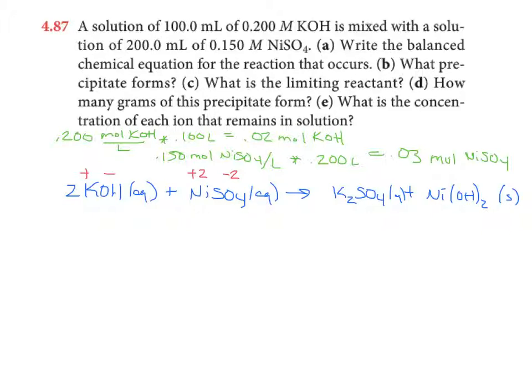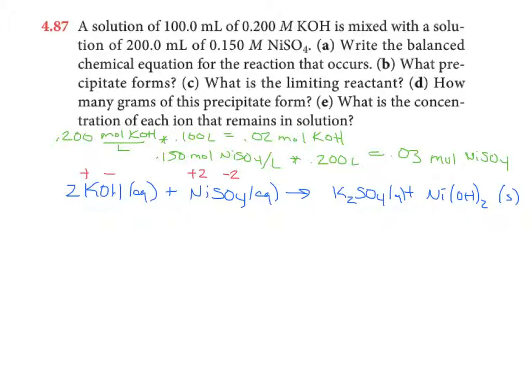So I can already see that I started with more of the nickel sulfate, but which one do I consume faster, according to the balanced reaction? Yeah, I go through the KOH faster, and how can you tell that I'm going through the KOH faster? Yeah, that's exactly what the balanced reaction tells me. It says I'm going to use 2 moles of KOH for every 1 mole of NiSO4.